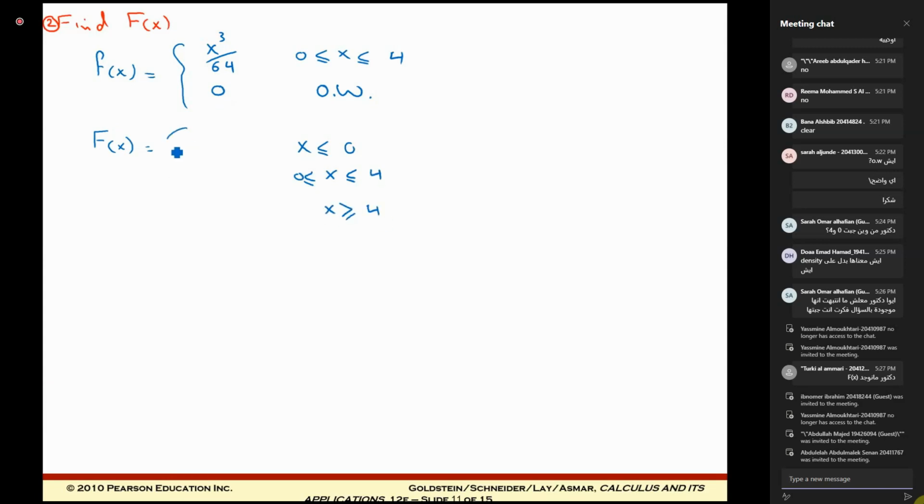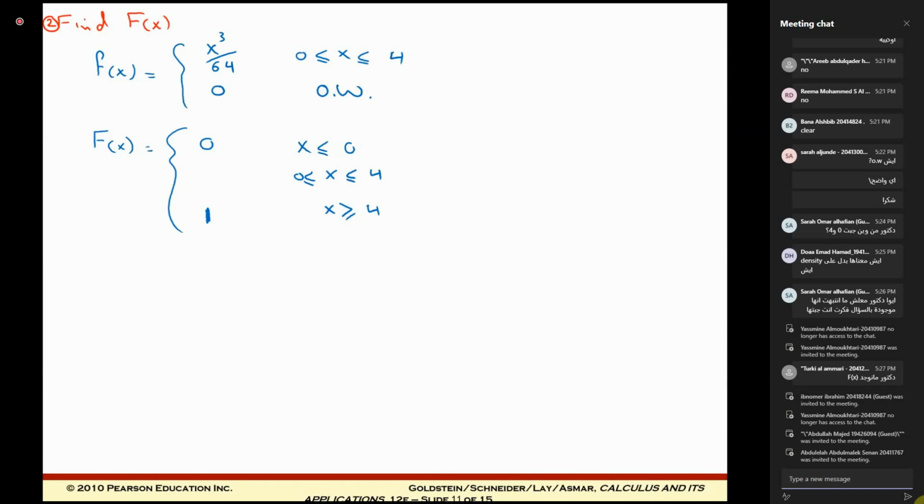Less than 0 equals 0 directly, because the function already of small f is 0. Greater than 4 must be equal 1 always, because greater than 4. Okay, so we have from -infinity and above 4 for f capital, so surely equal 1.